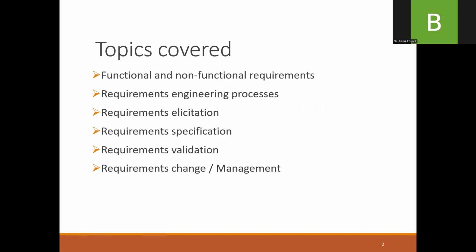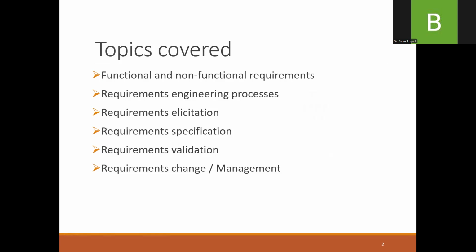And here the important step is communication, that is, requirements gathering. In this lecture, we will be covering how this requirements engineering is done. If you see, requirements are of two types: functional and non-functional. That is what we are going to cover in this lecture.